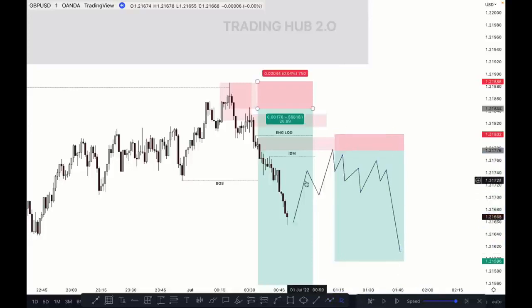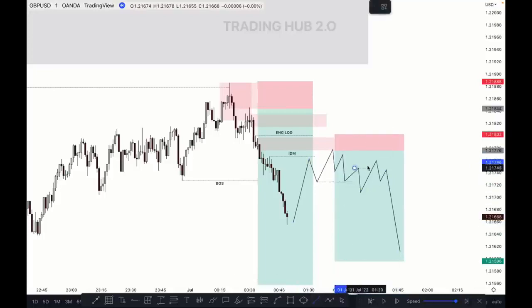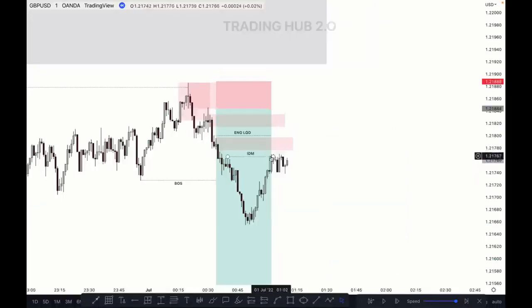This becomes our another break of structure, and this becomes our new inducement, and you can sell here. These things actually work if the market creates a structure like this. You can see here the market swept the high, just swept the high, and did not close above it. So this is our good indication for the reversal.